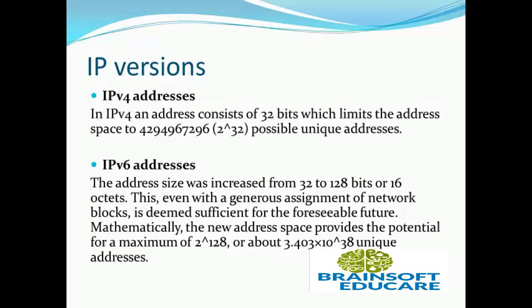Mathematically, the new address space provides the potential for a maximum of 2 power 128, or about 3.403 times 10 power 38 unique addresses, which is way more than our expectations.